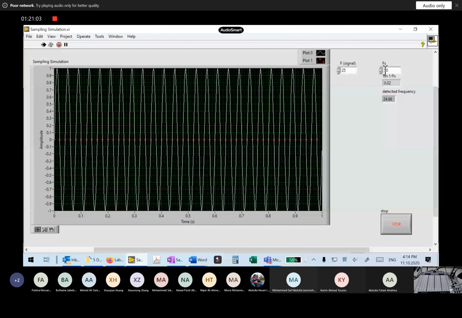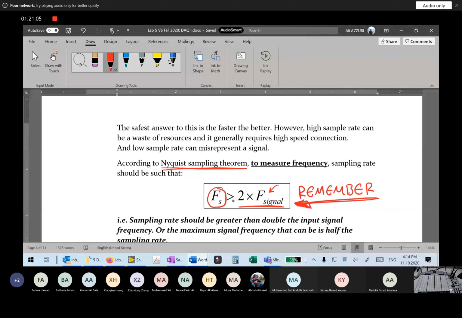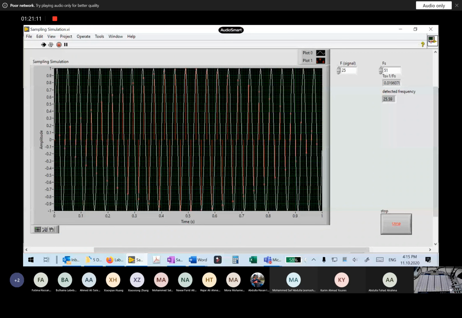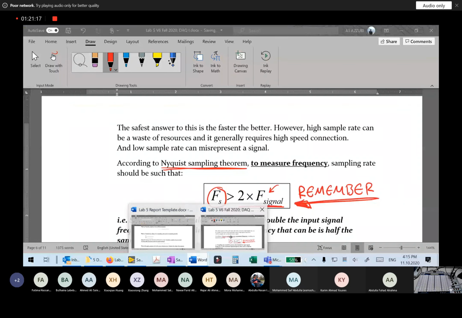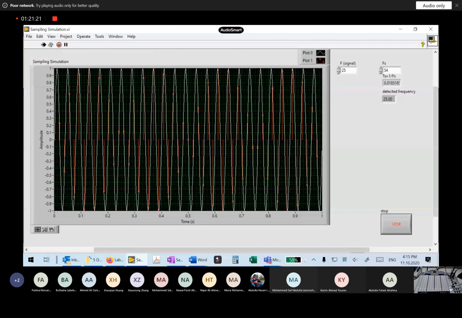So here it doesn't say equal. There's no equal here. So this means at least you have to raise this above 2 times this. Now, this is the minimum or the critical value, 2 times.